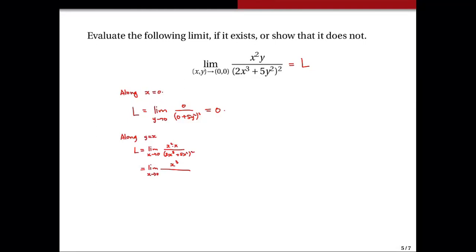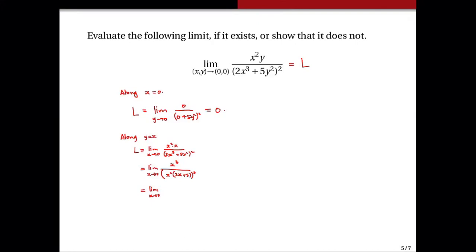On the denominator, we can factor out x squared first on the inside, so you will have x squared times the quantity 2x plus 5, and then very outside we have the square.